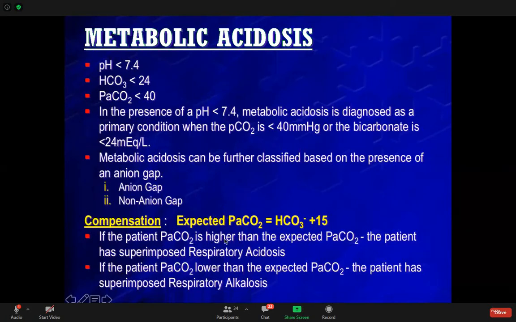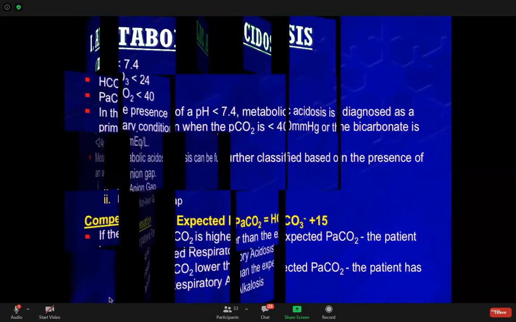Your expected partial pressure of carbon dioxide will equal your measured bicarb plus 15. So if the patient's CO2 is higher than expected, the patient has another problem, a superimposed respiratory acidosis. And if the patient's PCO2 is lower than the expected PCO2, the patient most likely has a superimposed respiratory alkalosis. And we're going to explain this with more cases.